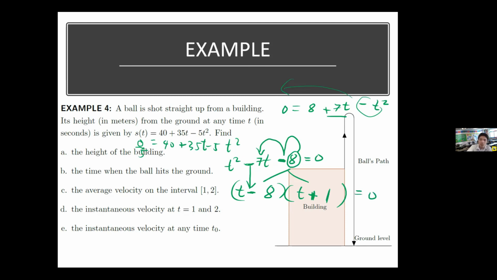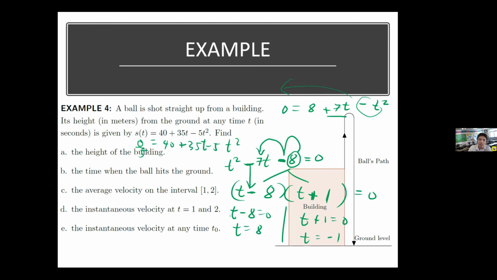Tapos we can now solve separately using zero property of equality. So that's t minus 8 equals to 0 ang pikas, t plus 1 equals to 0. So this becomes t equals to 8 and t equals to negative 1. So natay duha ka time.